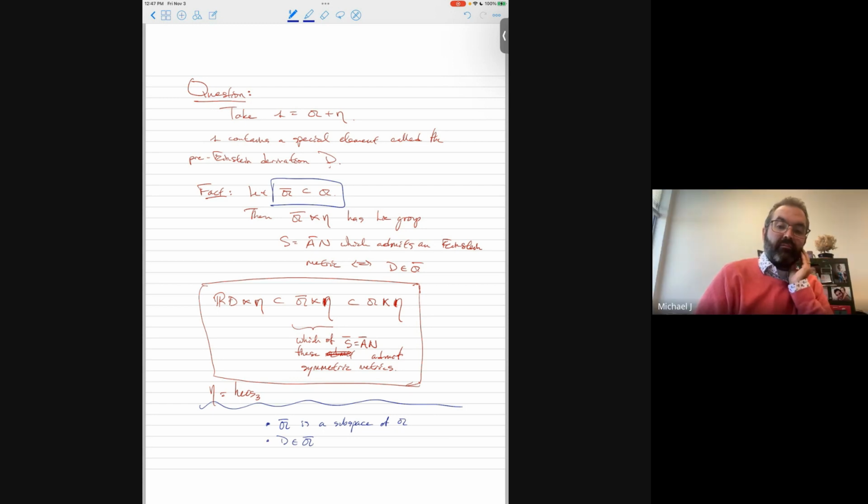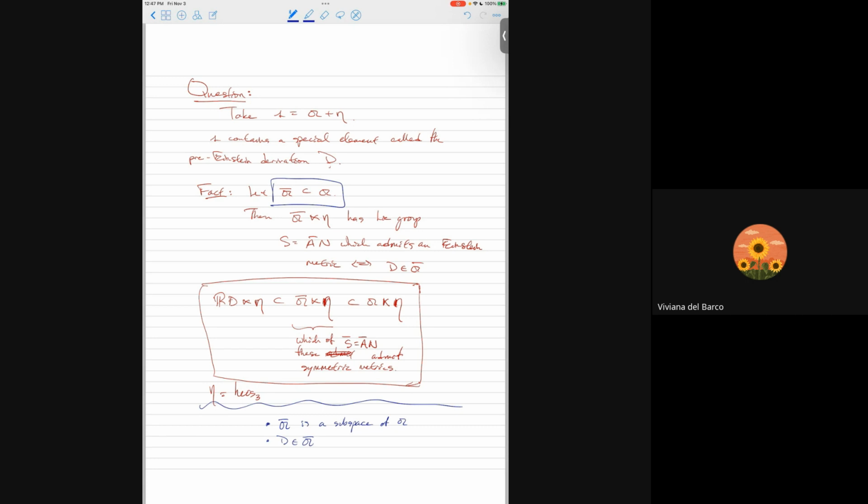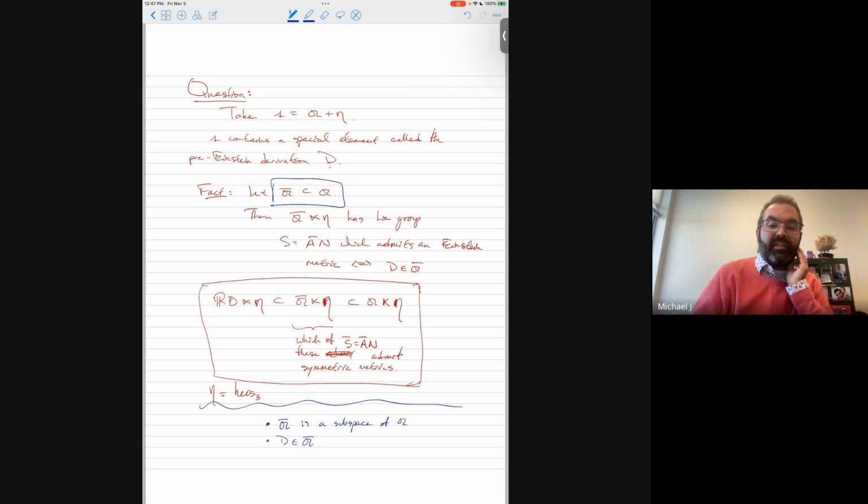Yeah, exactly. We want to know if there's a smaller A bar that also has a symmetric metric. But does R^D semi-direct N always admit a symmetric metric? It admits an Einstein metric. In the case when N is the Heisenberg, then the answer is yes. So you end up with these two extremes that have a symmetric metric.